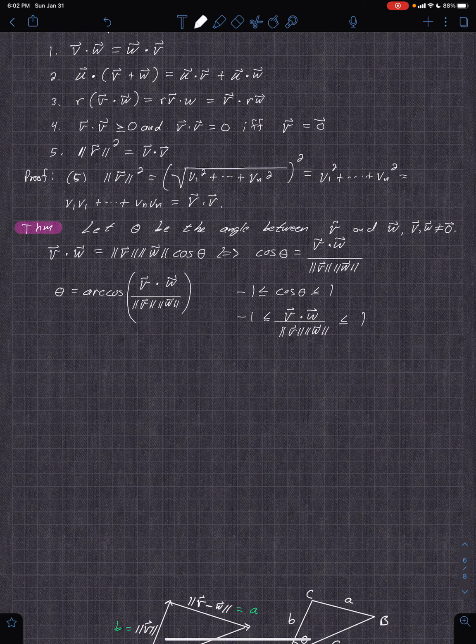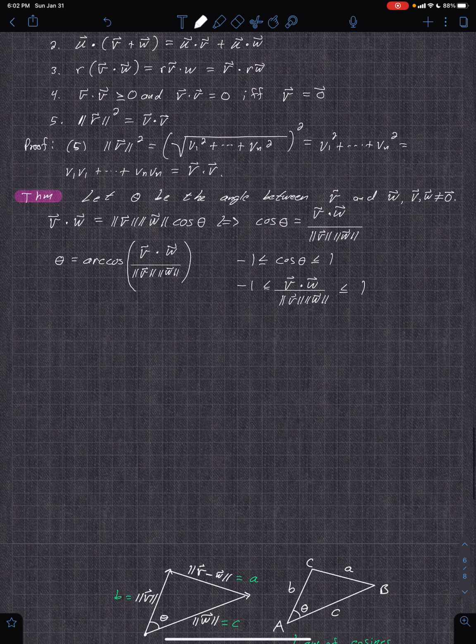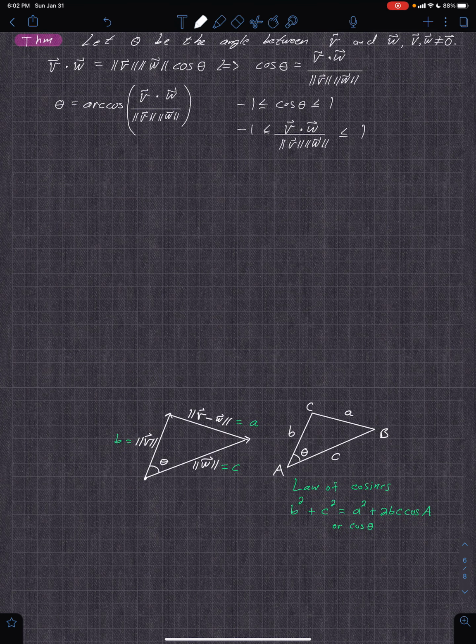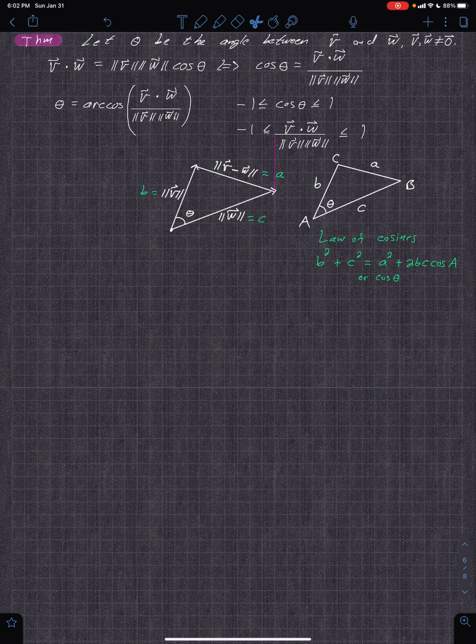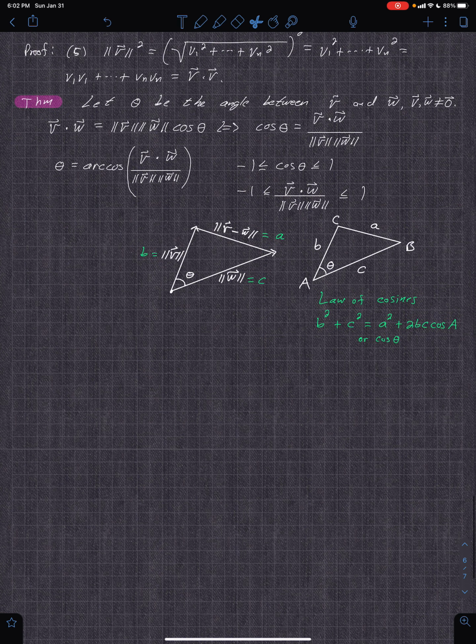It's a result we're going to use in one of our next theorems. To prove that, we're going to use these triangles and this concept. So we'll go through the proof of this, and we want to apply the law of cosines. So this will be the proof.